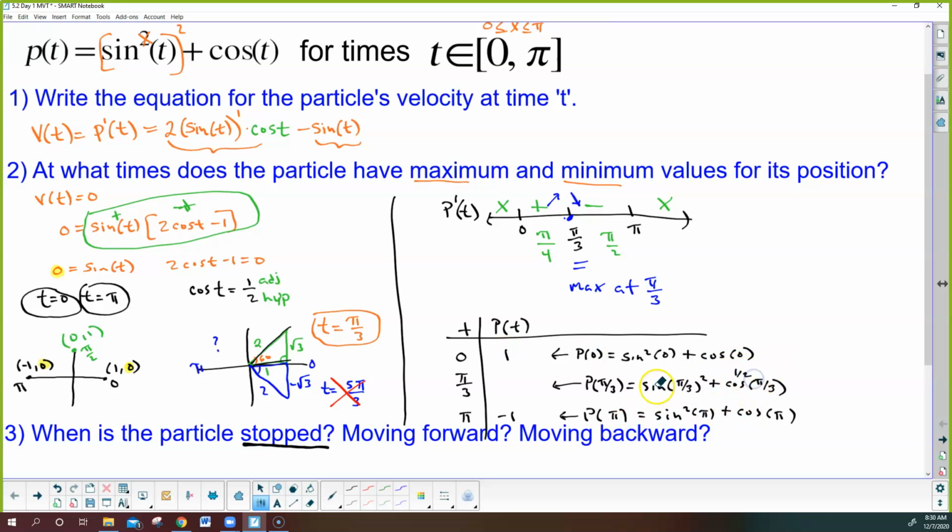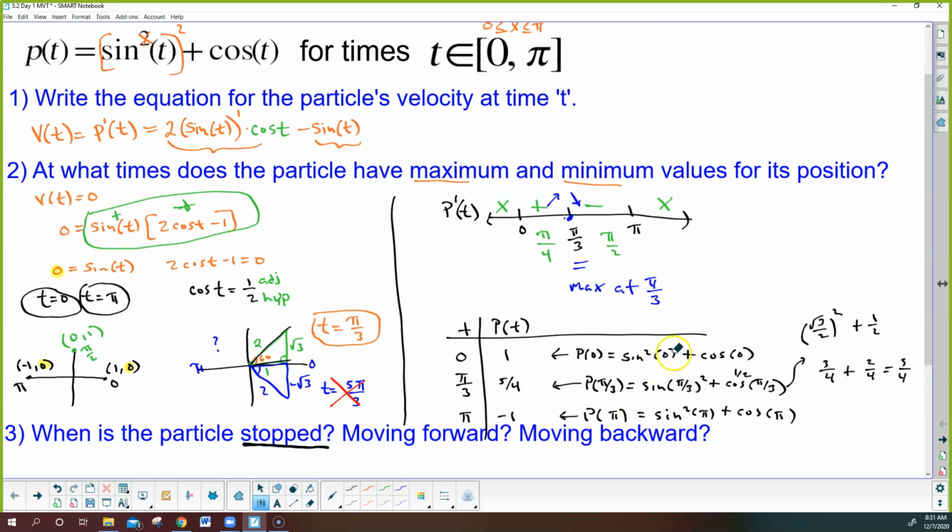So that part's 1/2. And then what is sine? Sine is square root 3 over 2. So I get square root of 3 over 2, and then remember that's squared because it's sine squared, plus 1/2. So square root 3 over 2 squared ends up being 3/4 plus 1/2, but instead of writing 1/2 as 1 over 2, I'm going to write it as 2 over 4, so I can add my fractions together.